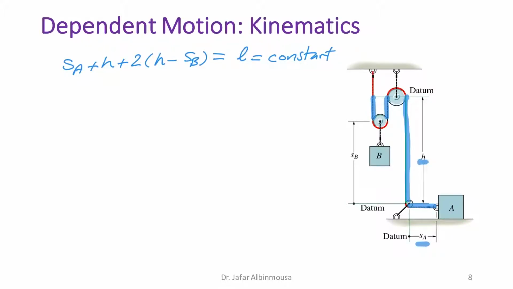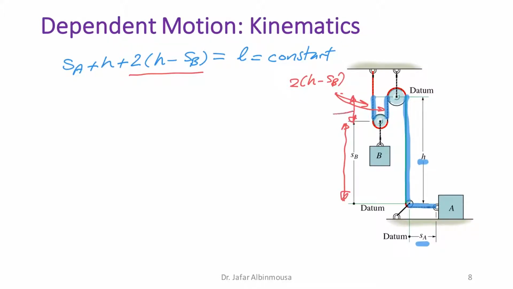This can be measured as H, while these two segments can be calculated by this part, which is 2 times H minus SP. What are we doing here? We're saying that we are going to have all of H minus SP, and what is going to be left is this.